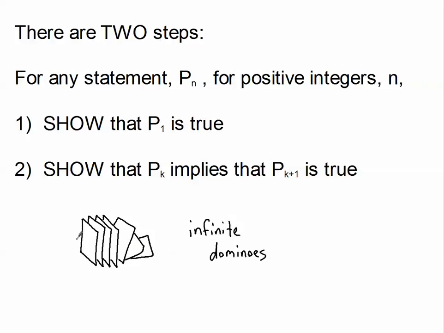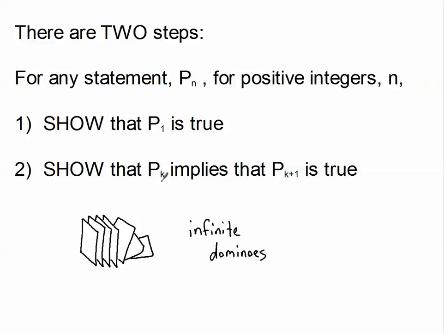Well, if you know that the first domino actually exists, that's what step one is. This is basically proving that the first domino exists. And then if you prove the second statement, that's proving that any domino, the kth domino, will imply the very next domino, the k plus 1th domino.